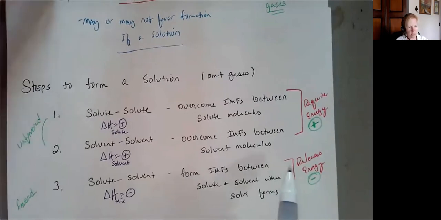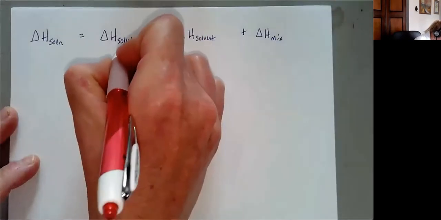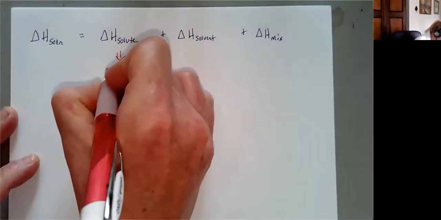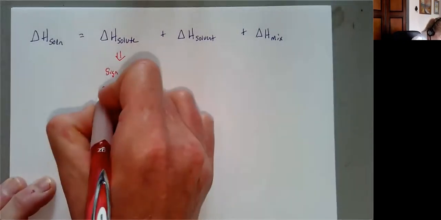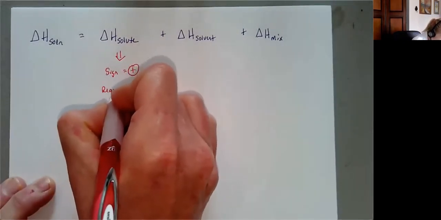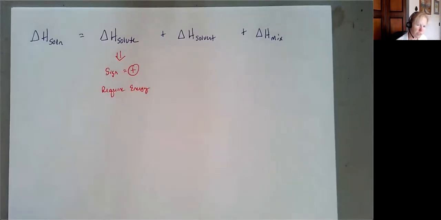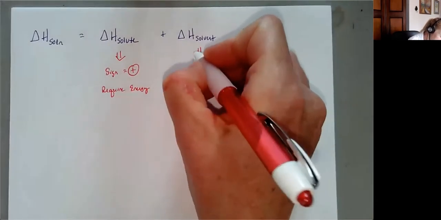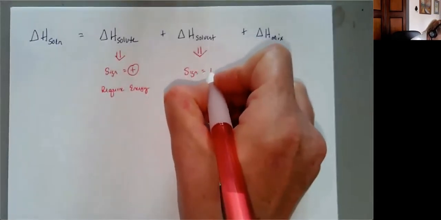So my sign, if I look back to that equation here, if I think about the sign of this, is always going to be positive because that's going to require energy. I'm going to have to put energy in to break those solute-solute bonds. Intermolecular forces, not really bonds. The sign here is also going to be positive.